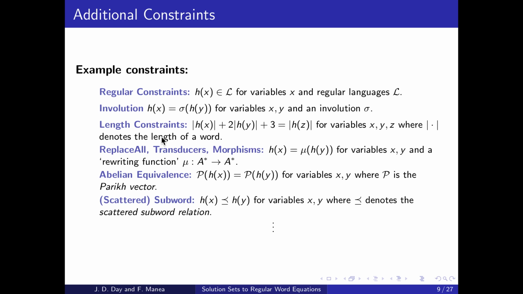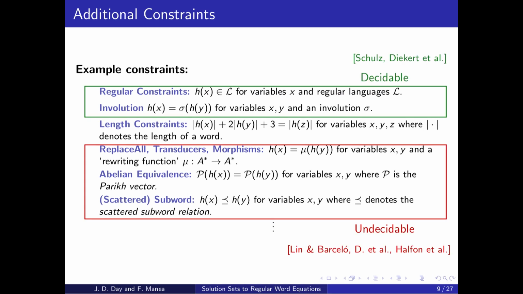There's also been a lot of interest in rewriting transformations such as the replace all operator, transducers, morphisms, and also relations from combinatorics on words such as abelian equivalence and the scattered subword relation. Now, regular constraints and involution are known to be decidable, but many of the others, so the rewriting transformations, abelian equivalence, scattered subword and so on, are actually undecidable.